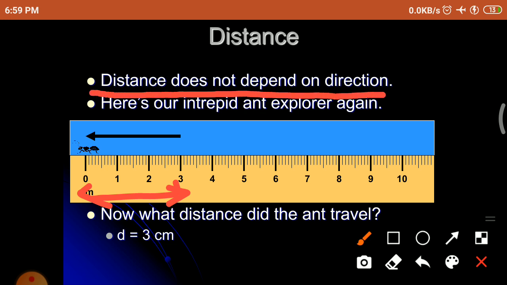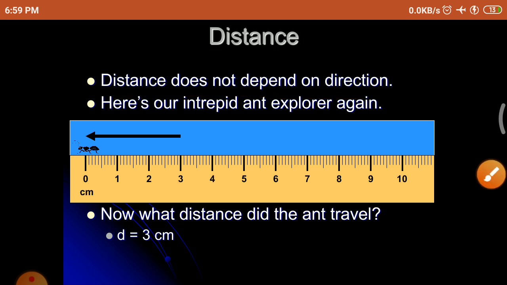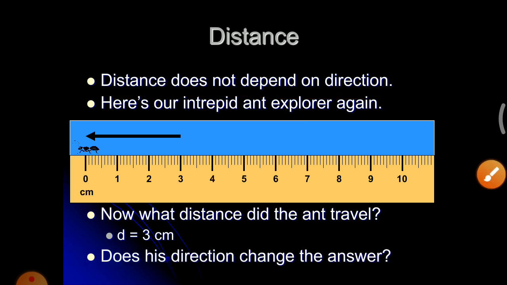In the first case the ant travels in this direction. In the second case the ant travels in this direction. So we can say that the distance does not depend on the direction. Here I just say the distance only. I did not mention the direction. So does the direction change the answer? In the first case the ant traveled from 0 to 3.